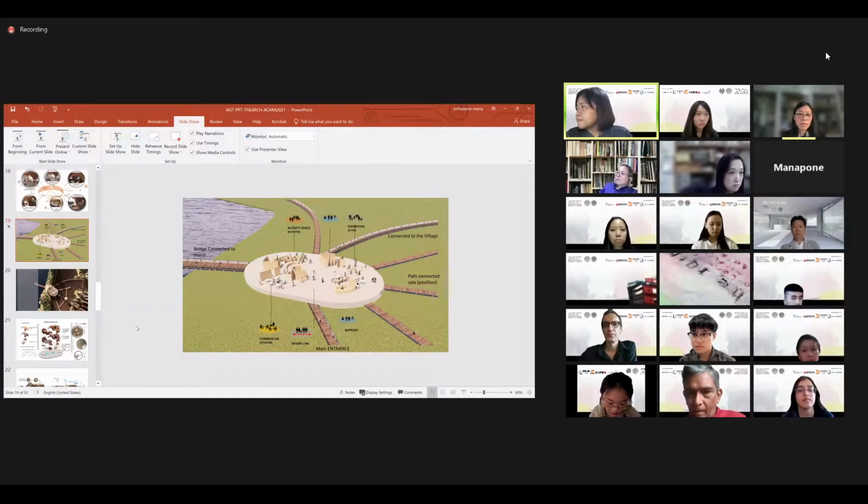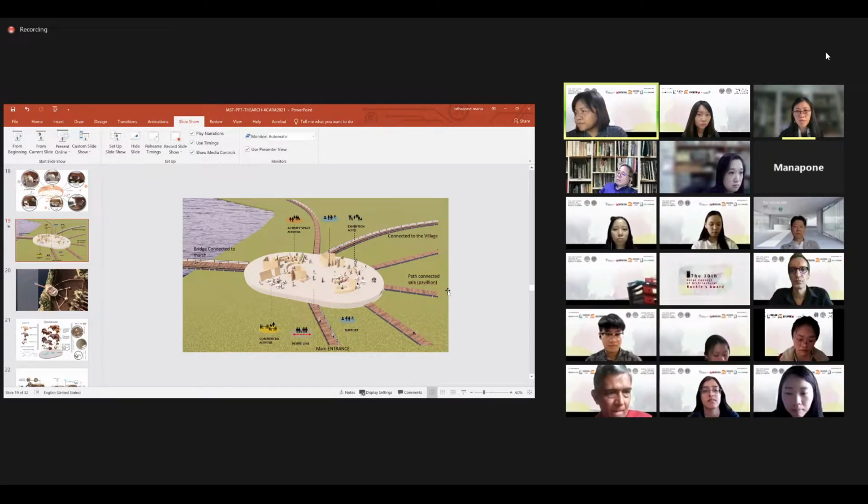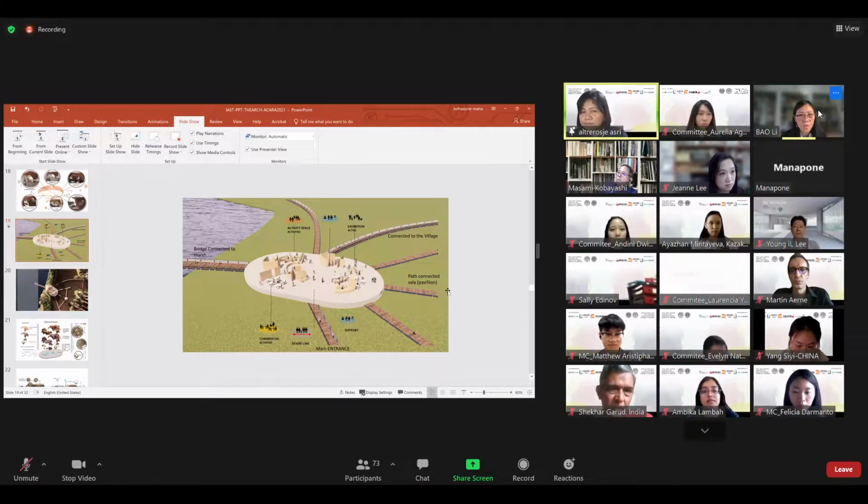Is your building a project with a closed envelope, or is it a totally open space?